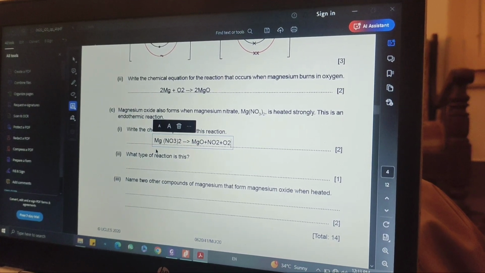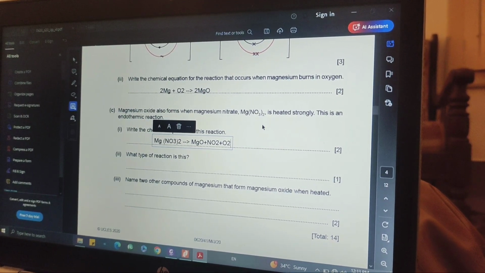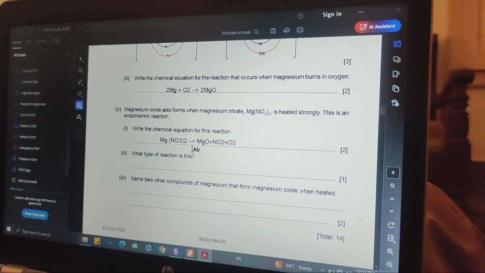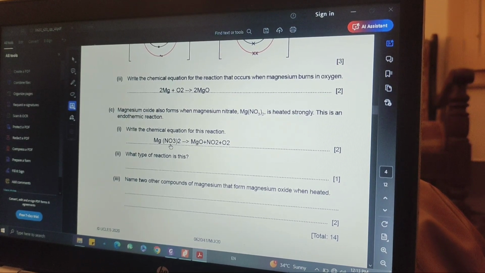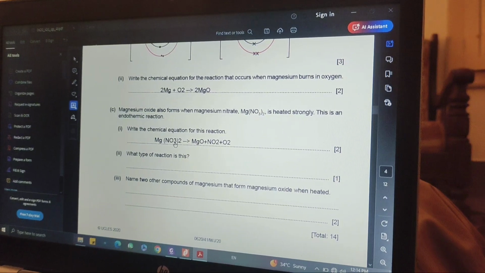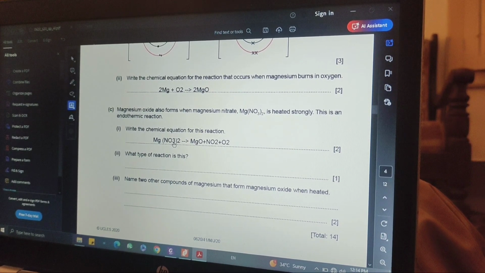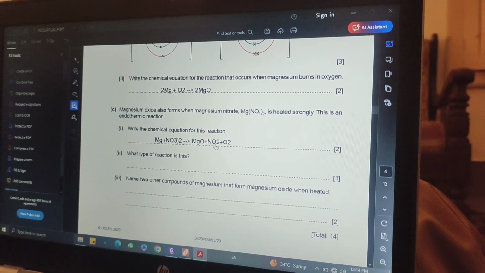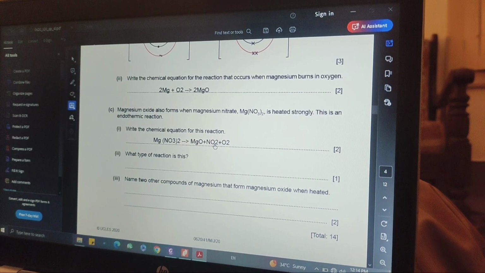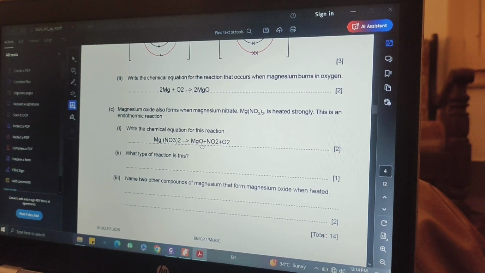If we go for the magnesium nitrate, we need to balance the nitrogen, that is 2 nitrogens here, and if we go for the oxygen, the 3 there, 6. So here we can see 2 oxygens here, 2 oxygens here, and 1 oxygen here. That makes a total of 5.